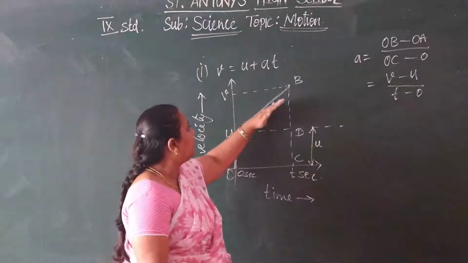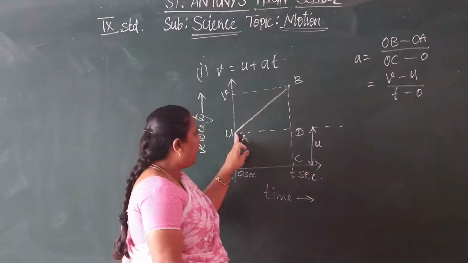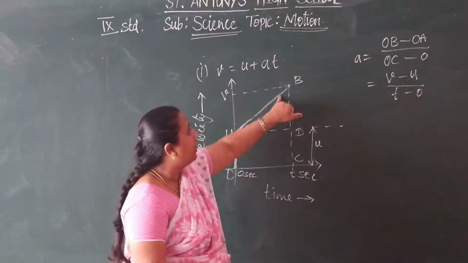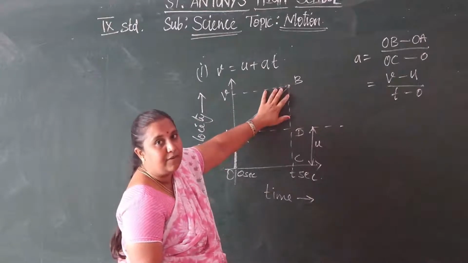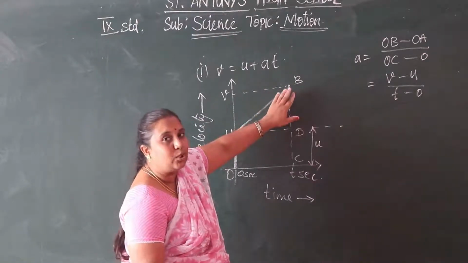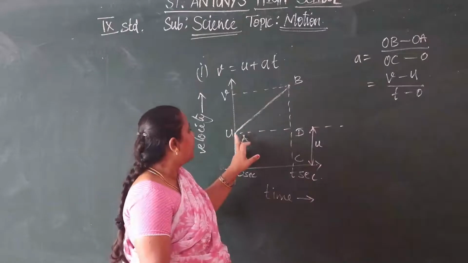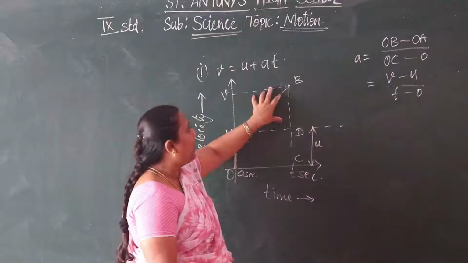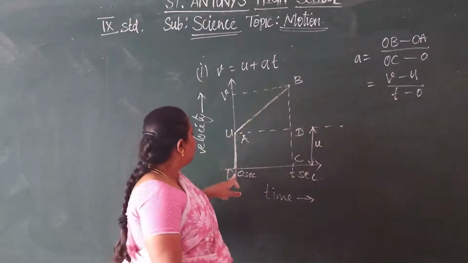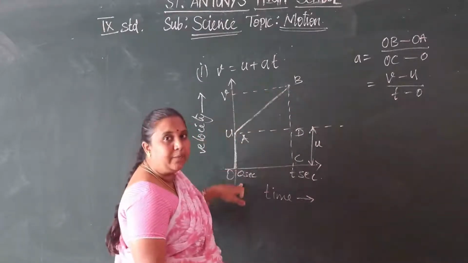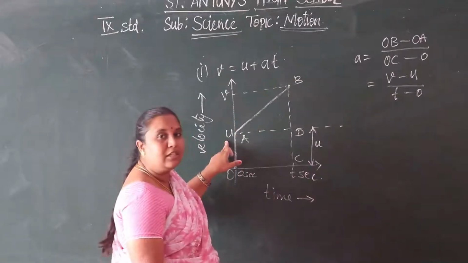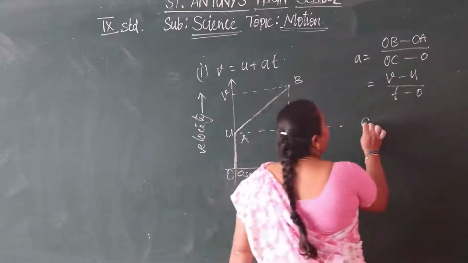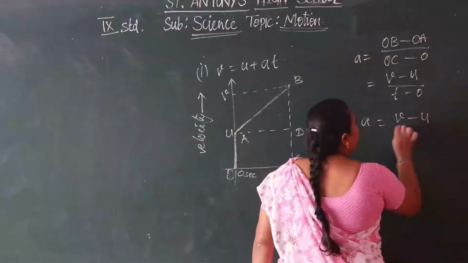AB is the change with respect to velocity, and we want to find the acceleration from A to B. We can say OB is V and OA is U. So V minus U by T, the time taken. So A equals V minus U by T.